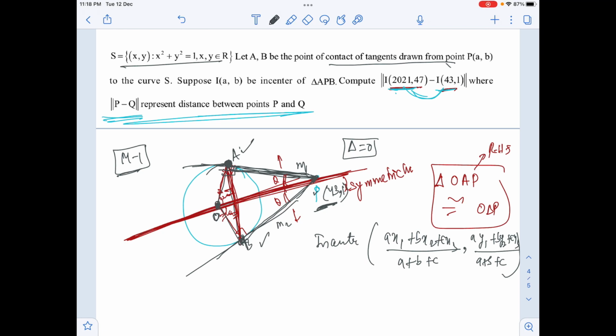OP, you know, distance from origin to point P, so you can easily calculate AP. Basically this idea is also capsuled when you tell length of tangent is root S1, okay, like in the expression of circle directly put that point and the square root of that will give the answer.